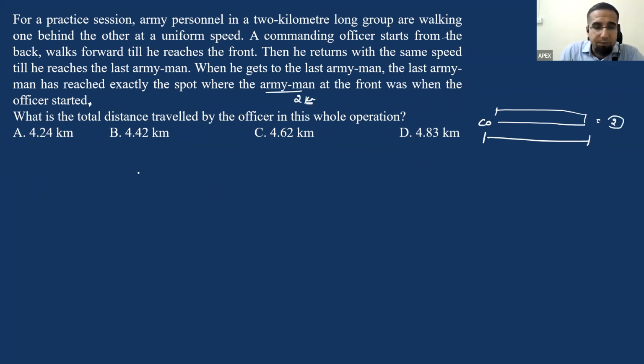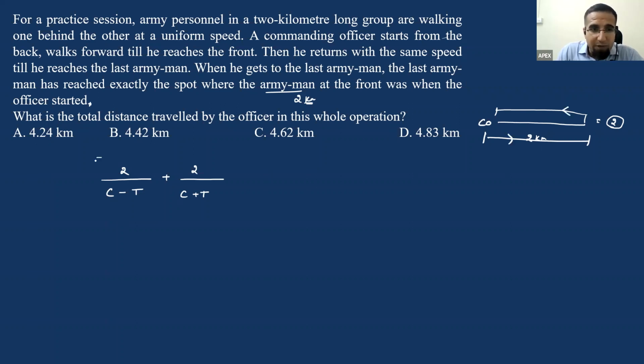Let's understand the time taken. So the gap between the commanding officer and the man in the front is 2 kilometers, divided by, let's say, speed of the commanding officer, that is C, minus speed of the troop, that is T. In 2 by (C minus T) hours, the commanding officer will reach the front, plus 2 by (C plus T) hours, because the commanding officer is moving in this direction and the troop is moving in this direction, so opposite direction.